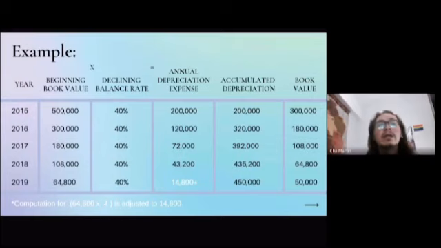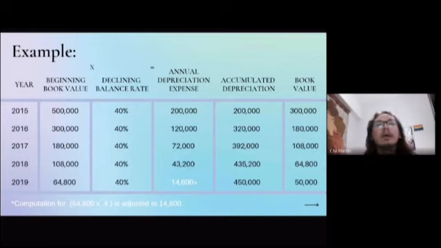Starting with the book value from last year to begin 2018, we have 108,000 and the same declining balance rate of 40%, and then multiply it to get the annual depreciation expense for 2018 of 43,200, and then add it to the accumulated depreciation from 2017, which is 135,200, and then our book value would be 64,800.